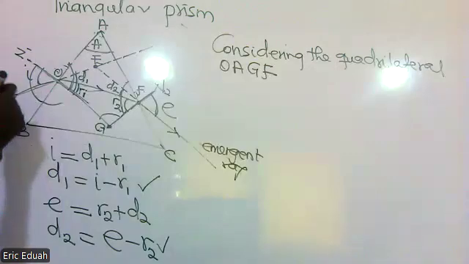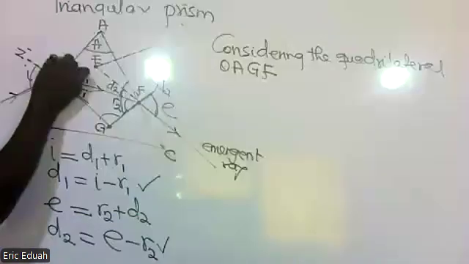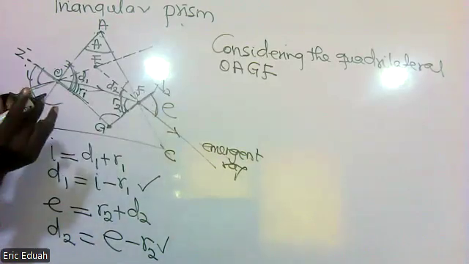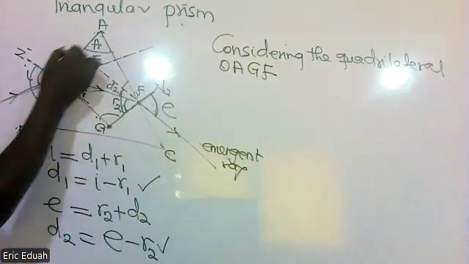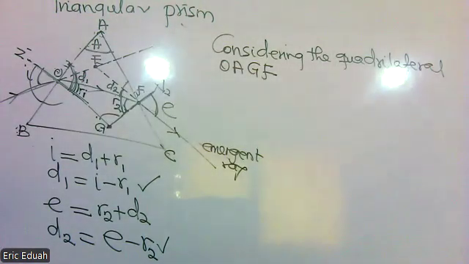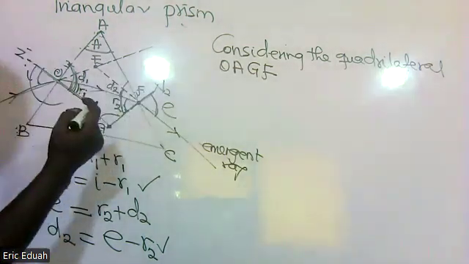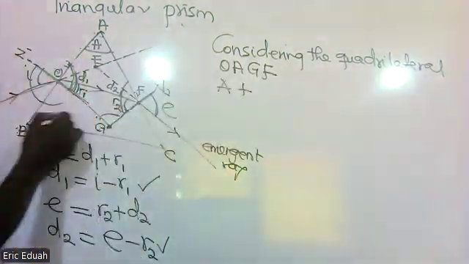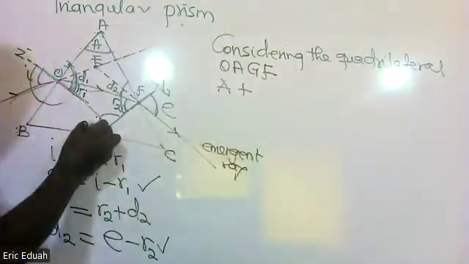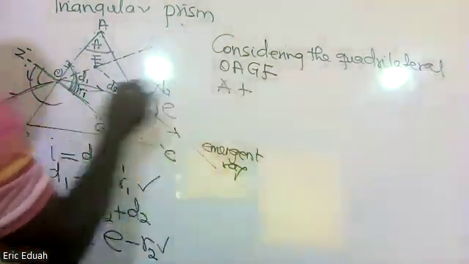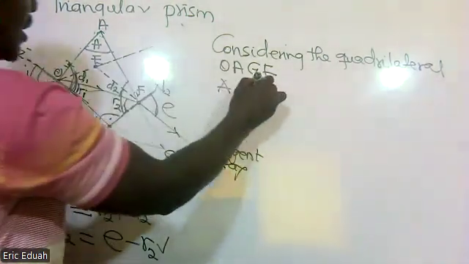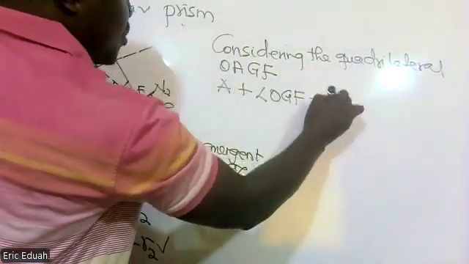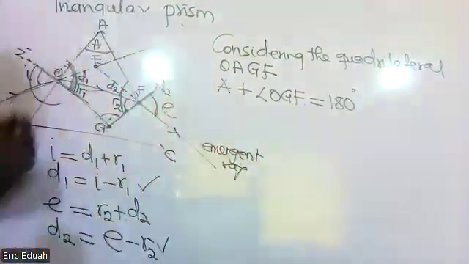So if these two sum up to 180, then this plus this must also be equal to 180, so that it will add to this to give us 360. So angle A plus the angle OJF must also sum up to 180 degrees.